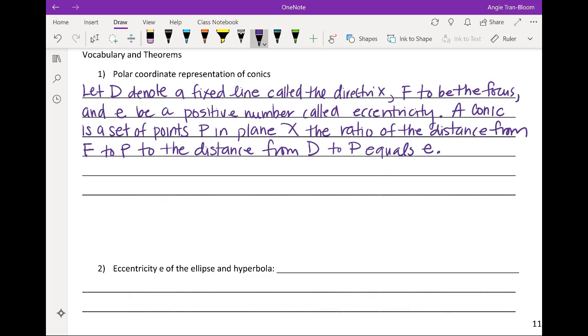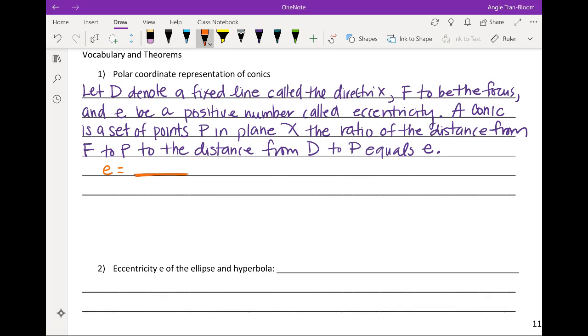Tell me what it said. Okay, would you agree that it says equals E? Yeah, okay. Let's just write that in equations. E equals. It says a conic is a set of points P in the plane such that the ratio is what? Division. Okay, let's make a division bar. What's on the top?